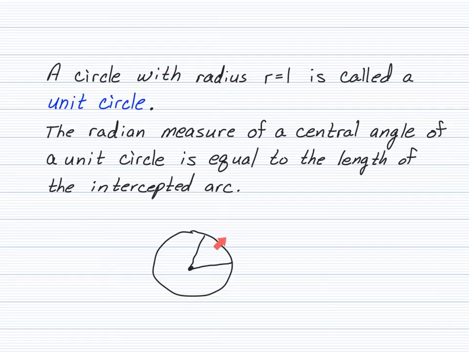Now, it's not equal to the length of the arc, it's equal to the measure of the arc, which means if this angle is 20 degrees, this arc would be 20 degrees as well. Now, for radians, the measure of the angle is equal to the length of the arc as well. So 1 radian is the angle, it's also the length of the arc.